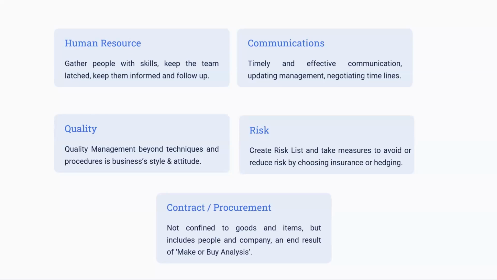For example, taking insurance for the whole project, or going for the hedging concept. Hedging is where, instead of investing all the money in one particular attribute, you divide the money and invest in more than one investment. So that's hedging.